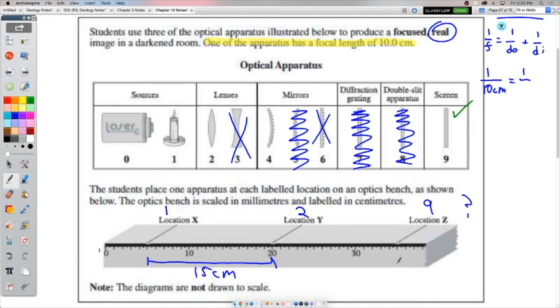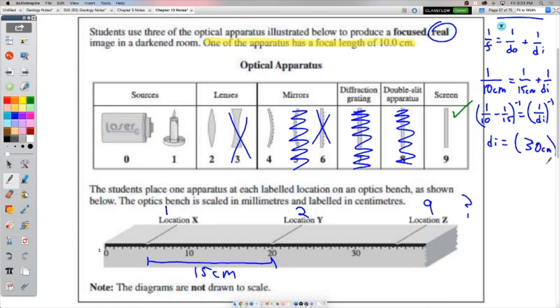So we need 15 centimeters to be where the image forms, or close to it anyway. Okay, so 1 over 15 centimeters plus 1 over DI. Whoops, I should have manipulated first. Oh, well. 1 over 10 minus 1 over 15 equals 1 over DI. Okay, flip both sides, and I got that DI equals 30 centimeters.